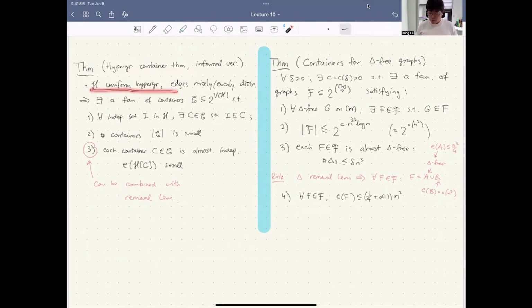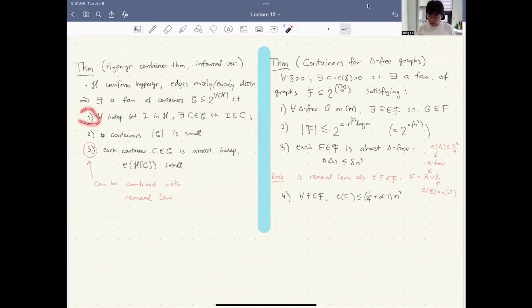We have a uniform hypergraph where the edges are nicely distributed, whatever that means. What it means actually is that the codegrees of every subset of vertices are not too large, sort of regular. Then we can find a family of containers, a family of subsets of vertices, which can serve as containers for independent sets.